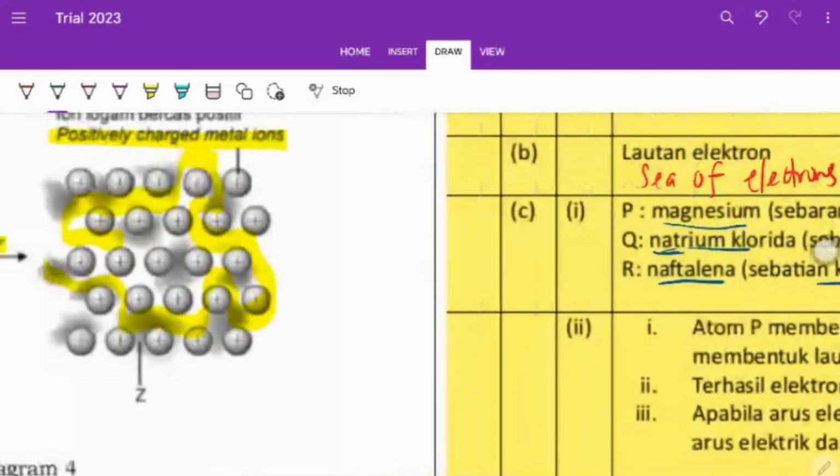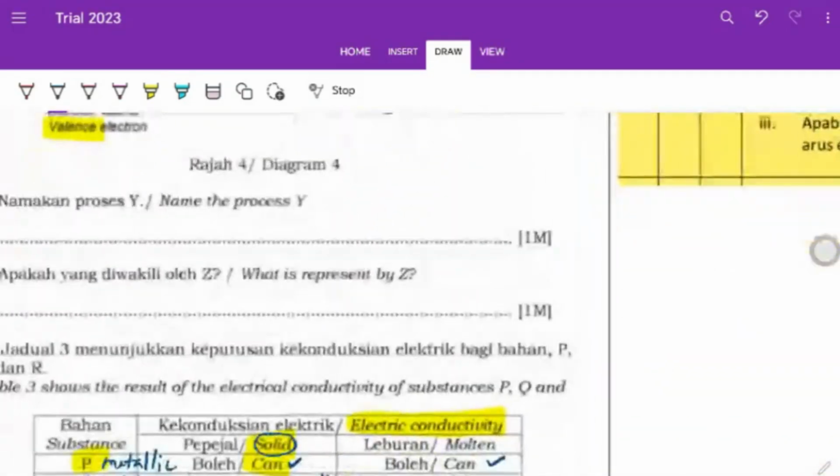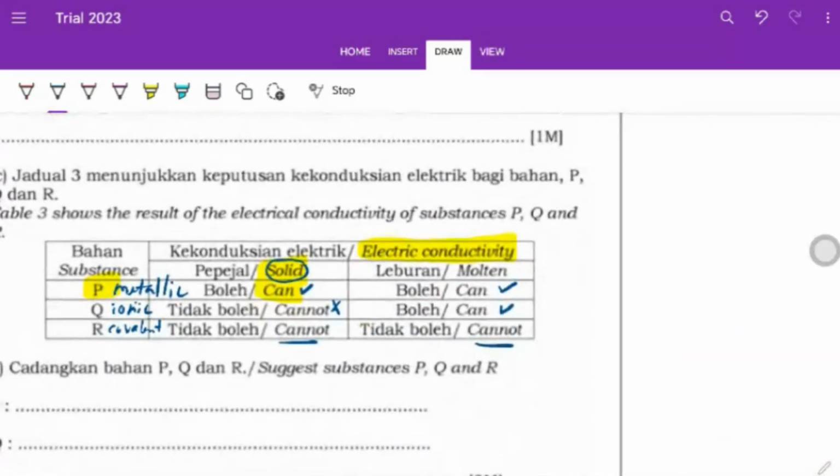When you suggest, you don't suggest the gas one. Do you get what I mean? Because here the table shows solid, so you cannot choose something in liquid form or gas form. Let's say R, you just suggest carbon dioxide? Cannot, because carbon dioxide is not possible in the solid state.